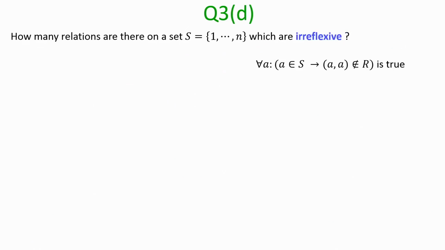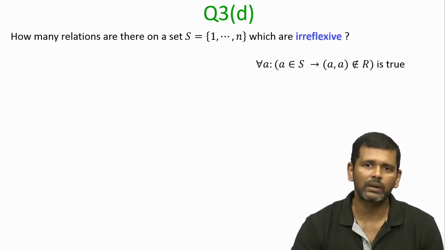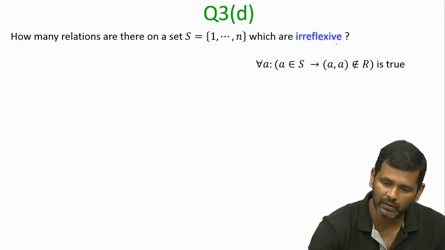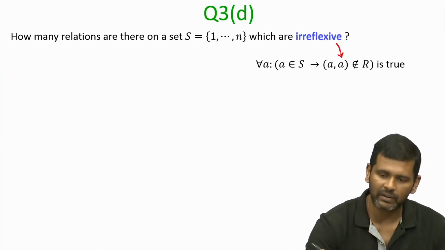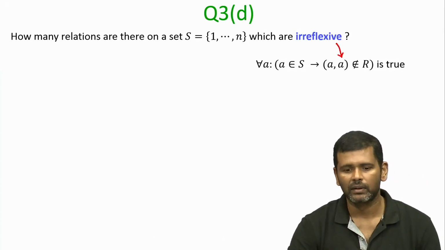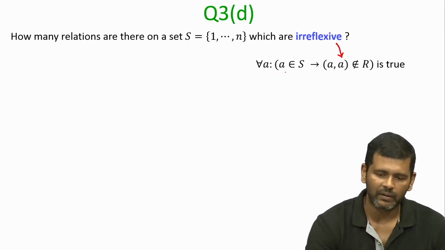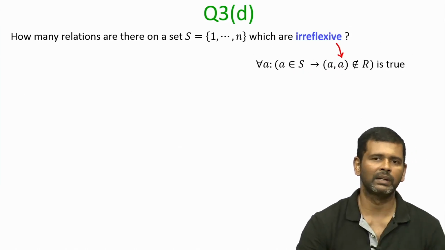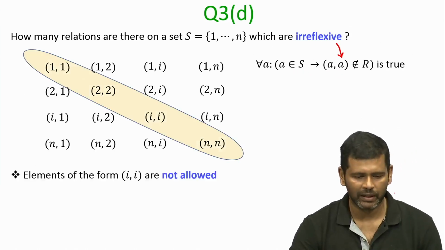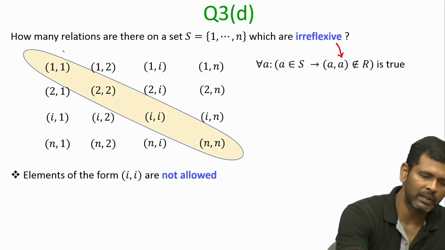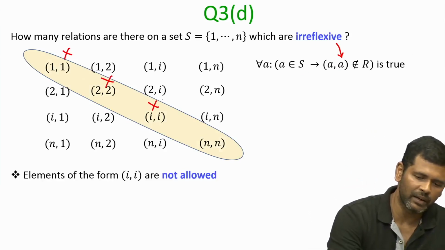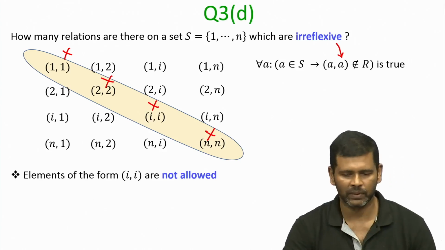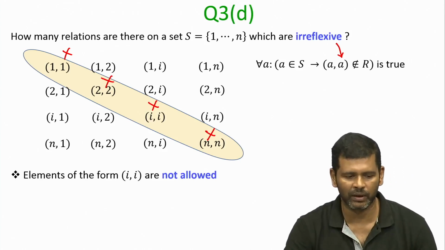In part D, I am interested in finding out how many relations I can form which are irreflexive, and the definition of an irreflexive relation is this. It states that for every element A in the set S, (A, A) should not be there in your relation R. That means none of the ordered pairs along the diagonal are allowed, because that will violate this universal quantification.